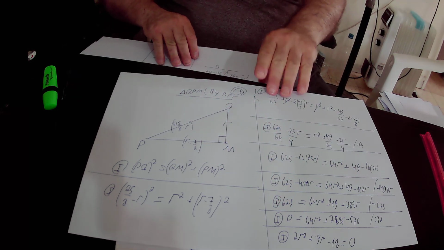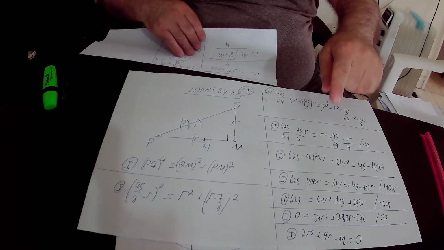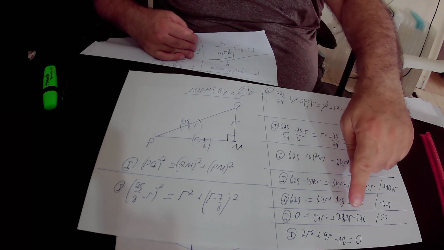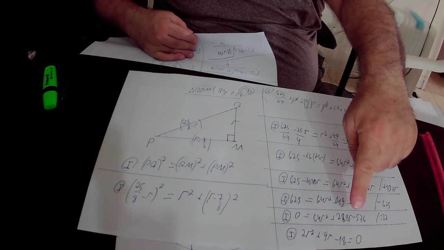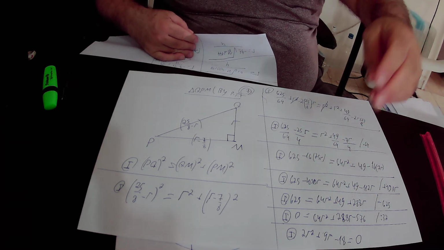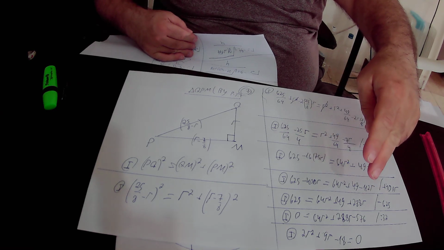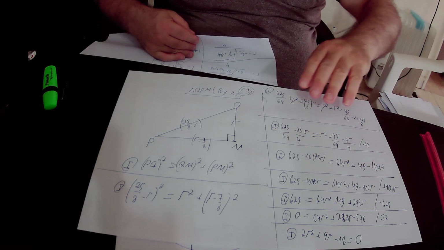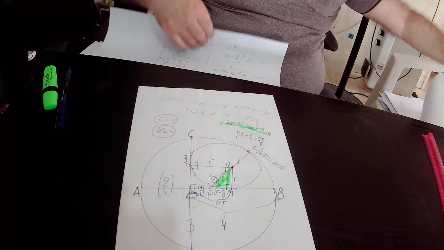In this quadratic equation, the coefficient a equals 2, the coefficient b equals 9, and the coefficient c equals minus 18.